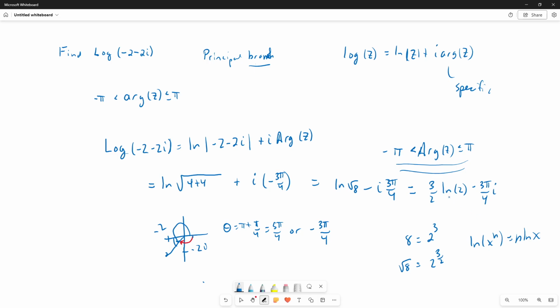So the power 3/2 can be brought to the front of the logarithm. So there's our final answer. The log, with capital L here, the principal branch of the log of negative 2 minus 2i is 3/2 log 2 minus 3 pi over 4 times i.